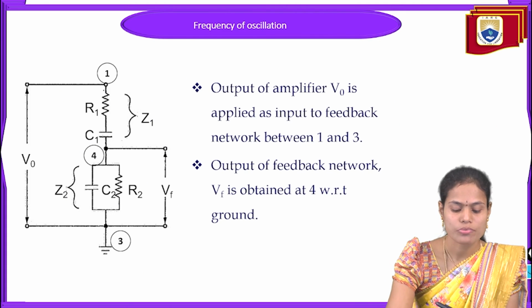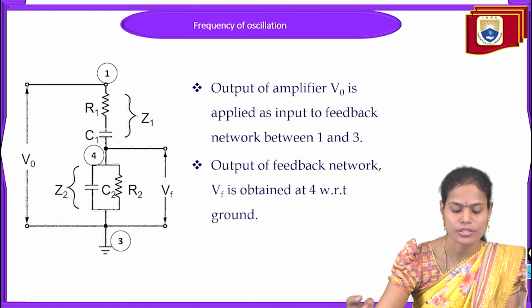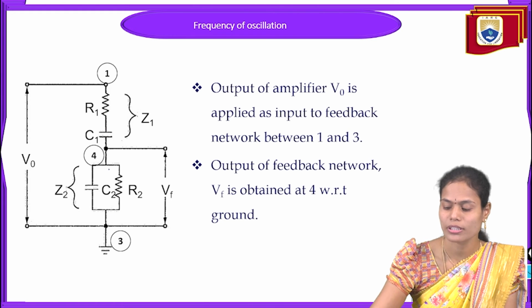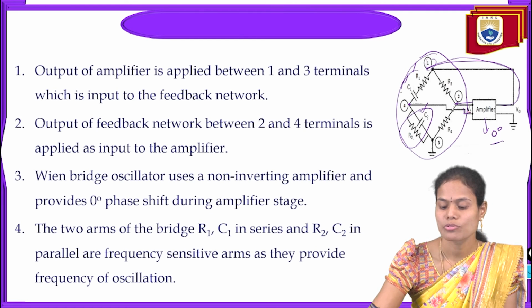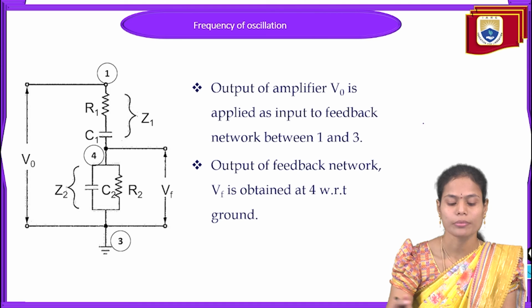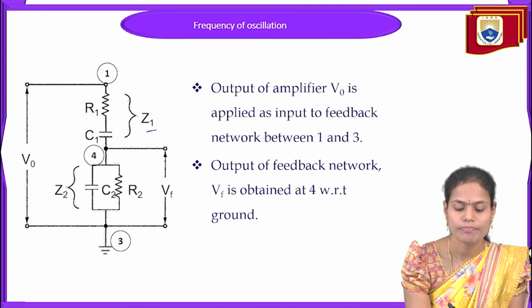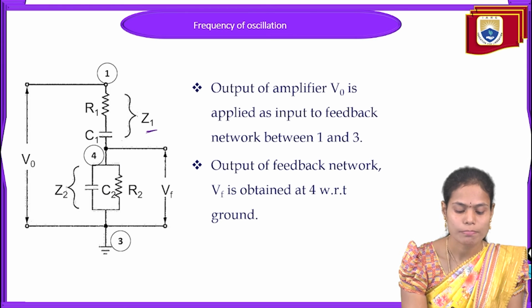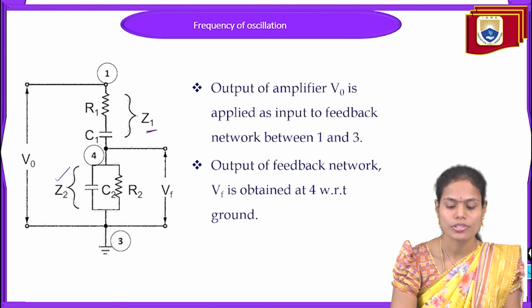So the 4 arms of the bridge I am representing in this way here. So between 1 and 4, we are having the R1 and C1 series combination, and between 3 and 4, we are having the R2, C2 parallel combination. So these two and these two I am taking here. Okay. So these R1, C1 I am taking as the impedance Z1, and this parallel combination of R2, C2 also I am taking as the impedance Z2.